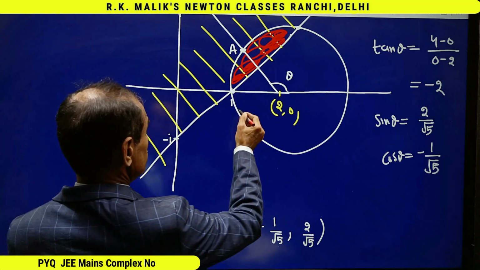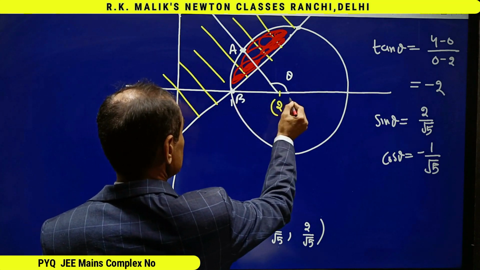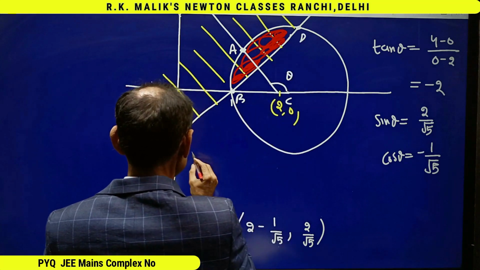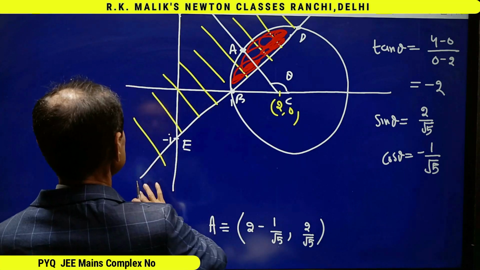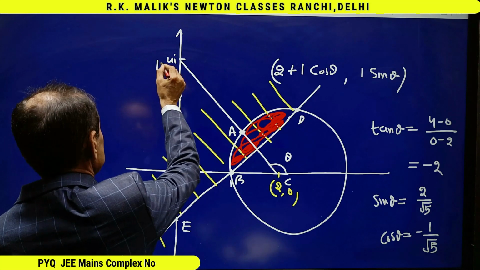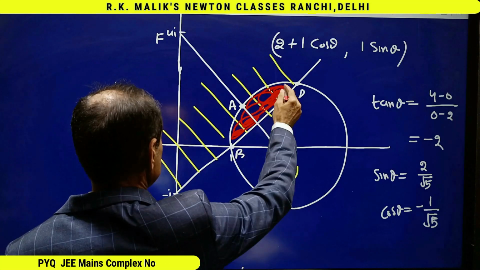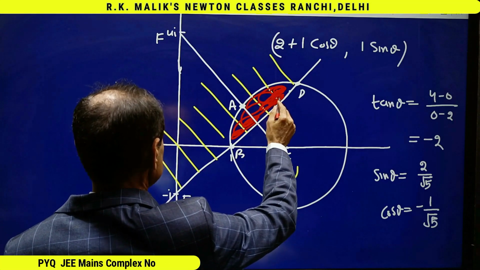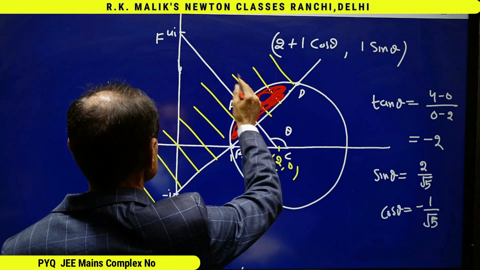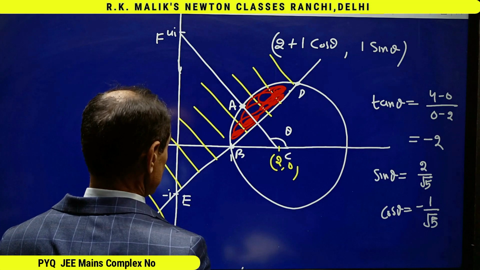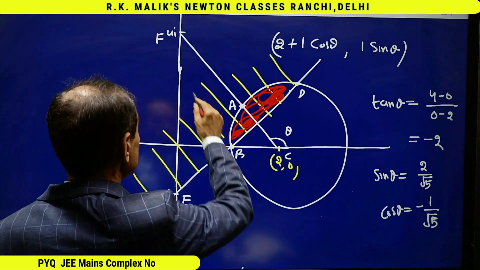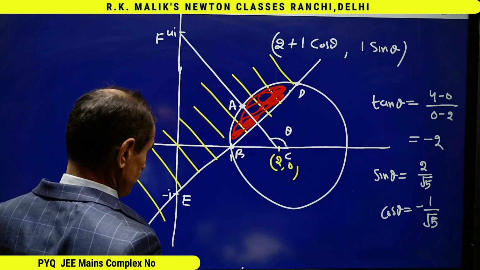And let us name this point as B, C, D, E, F, and out of all these points, the point at maximum distance from F will be either D or B. Let us find the distance of B and D from F.